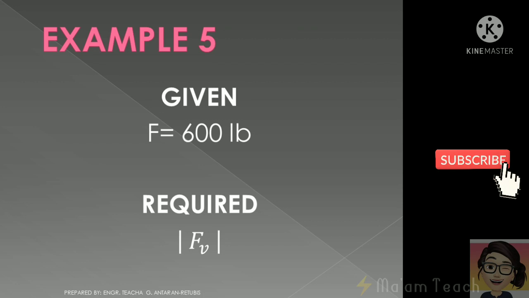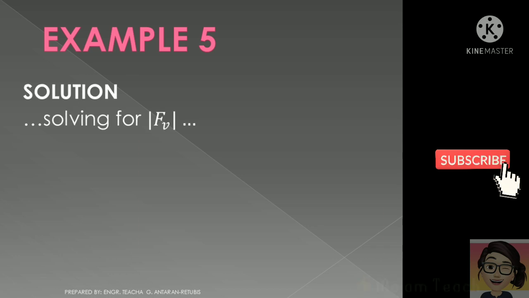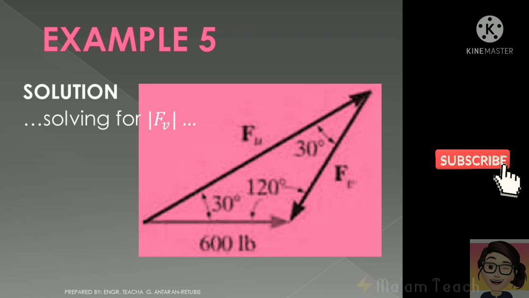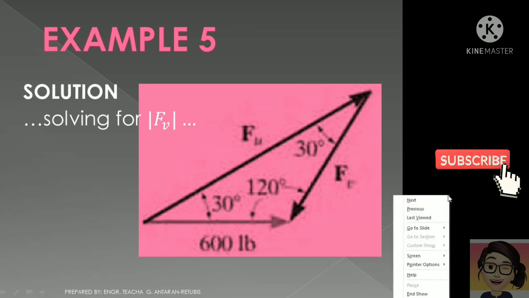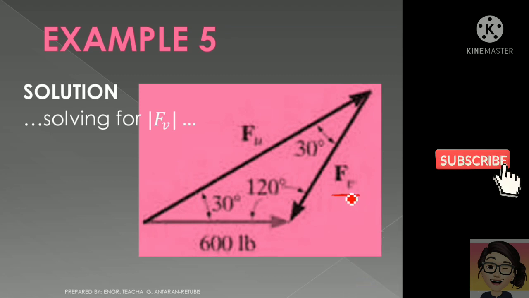Take note, I have placed the bar sign to indicate that it is a magnitude only, as well as the magnitude of the force in the u-axis. In order to solve for this, let us first find the f sub p, which is right here, this one.